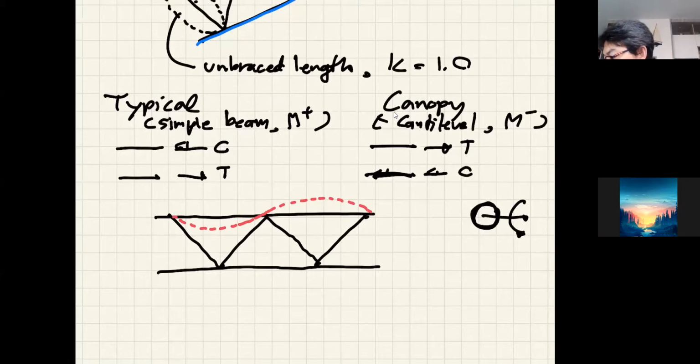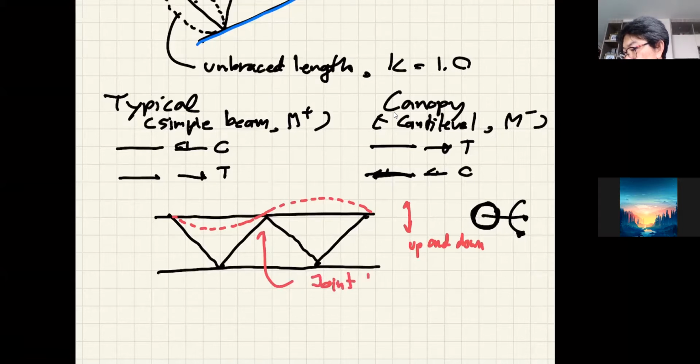Okay, so let me try to write as much as possible: up and down. So the joint becomes a brace point.